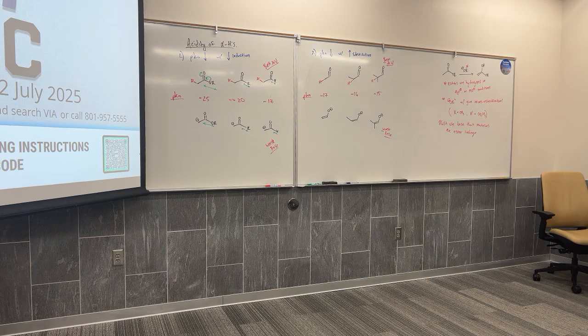And then we're going to start looking at alpha carbon substitution reactions, section 22. And then we're going to look at condensation reactions, addition and condensation reactions, section 23. So tomorrow we'll get into most of section 22. Next week we'll spend on section 23.